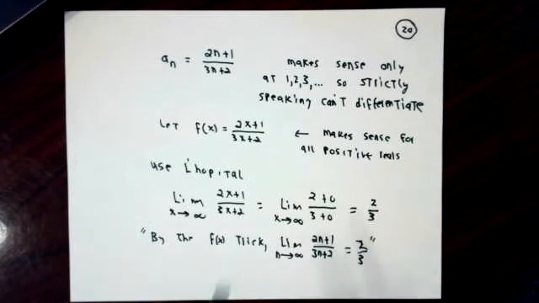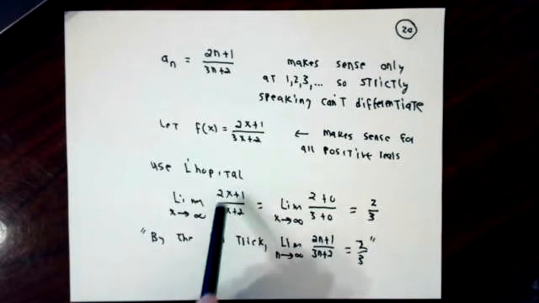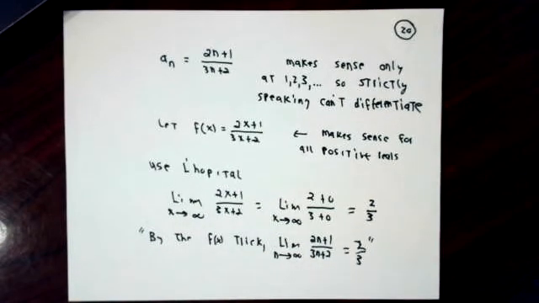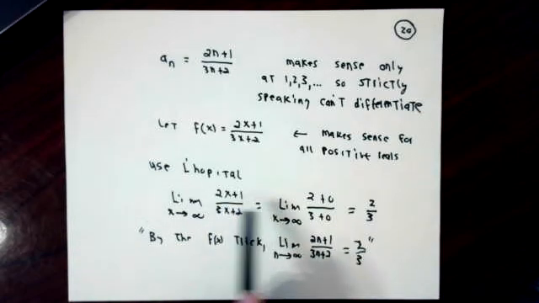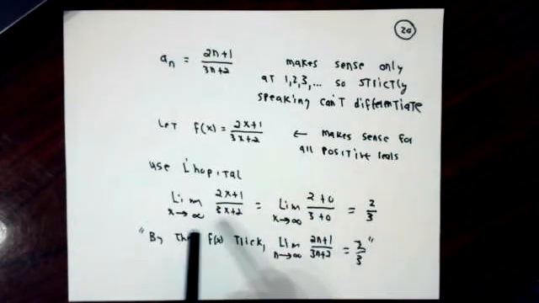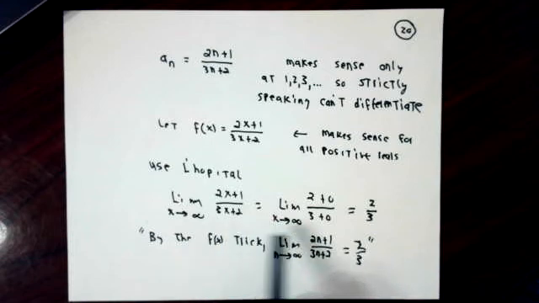But having said that, I want to look at the limit as x tends to infinity of f of x, polynomial on top, polynomial on the bottom. The one on top tends to plus infinity, and so does the one on the bottom. This is an indeterminate form of type infinity over infinity, which means I can use L'Hopital's rule on it. The derivative of 2x plus 1 is 2 plus 0. The derivative of 3x plus 2 is 3 plus 0.